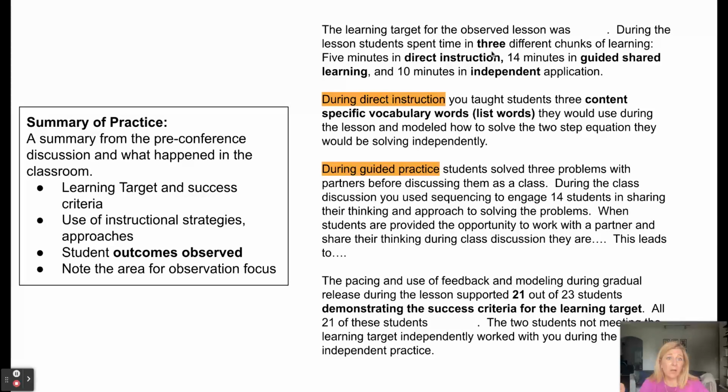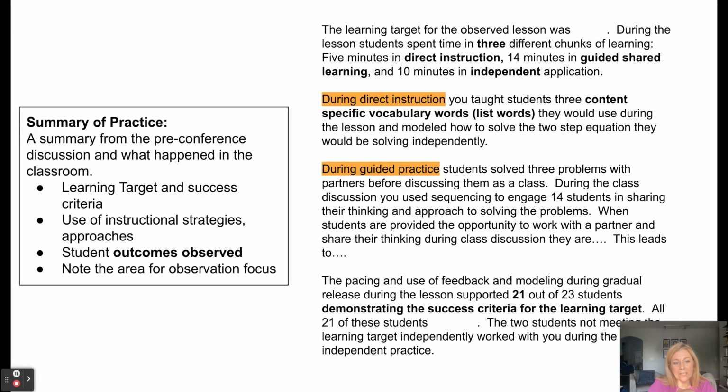And I always would include how many chunks and for how much time. Then I got into each phase of gradual release, and I was very specific about certain strategies that I provided information in about, like what was happening in that phase. And then I would always close that summary of practice with how many students met the success criteria for the lesson.